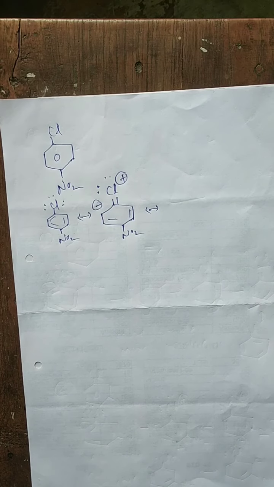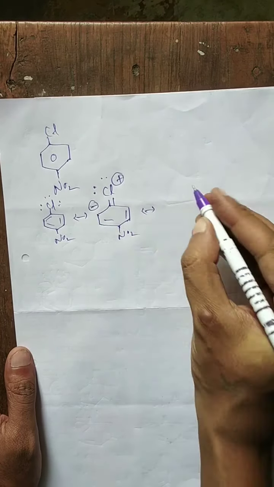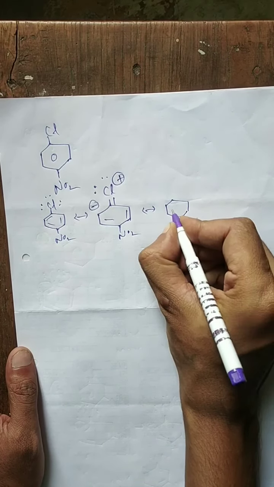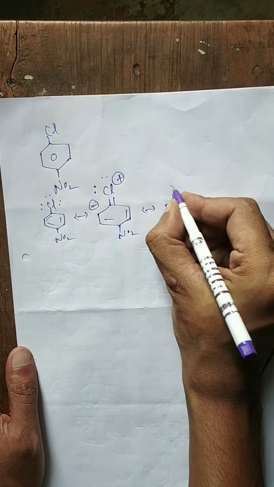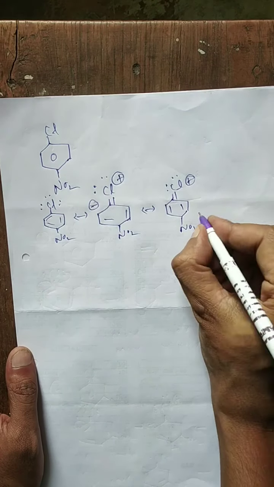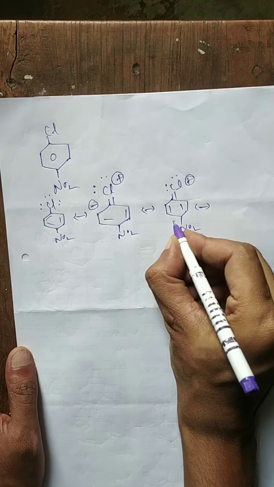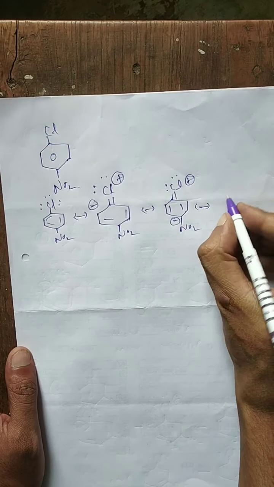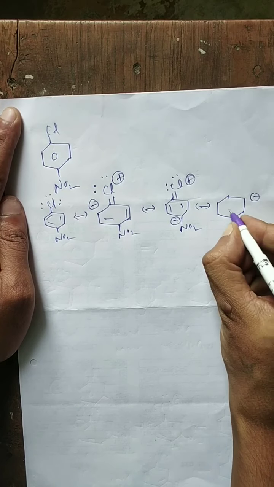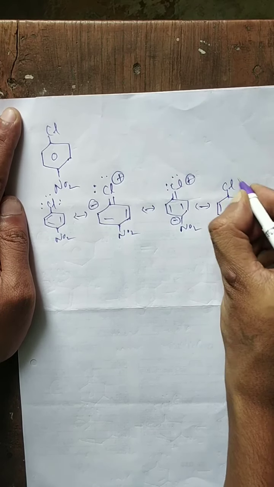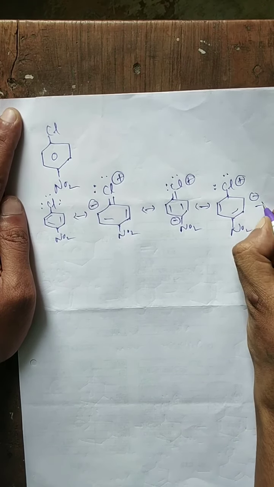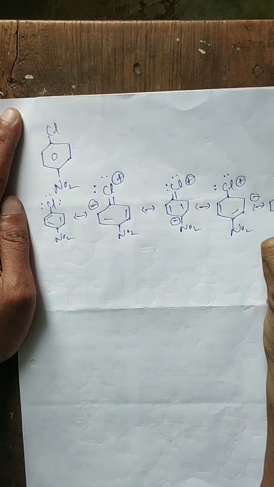Now second, this negative ion will go on the fourth number carbon. Okay, then the negative ion will go on the sixth number carbon. Then at last we'll get the original structure back.